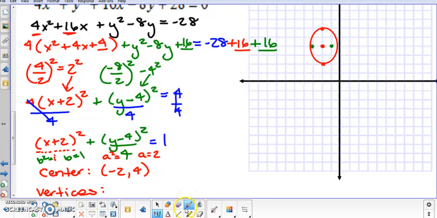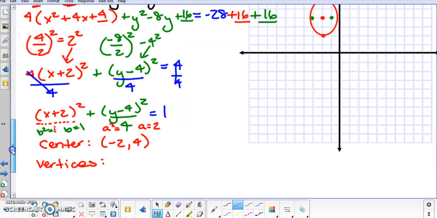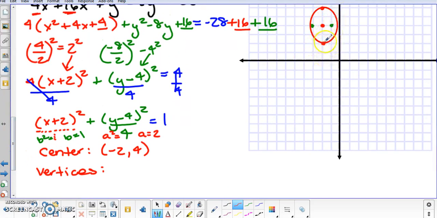Alright, so what we've got to figure out now is where all of these things are located. So the vertices, those are along my y-axis, so you can always look at your foldable and go, okay, this is my center, this is my h, and then my k plus or minus my a.